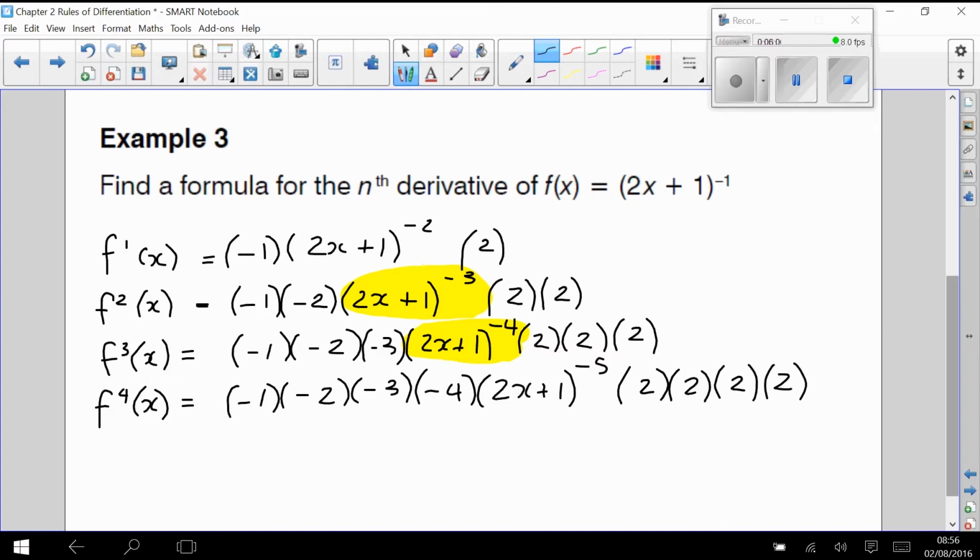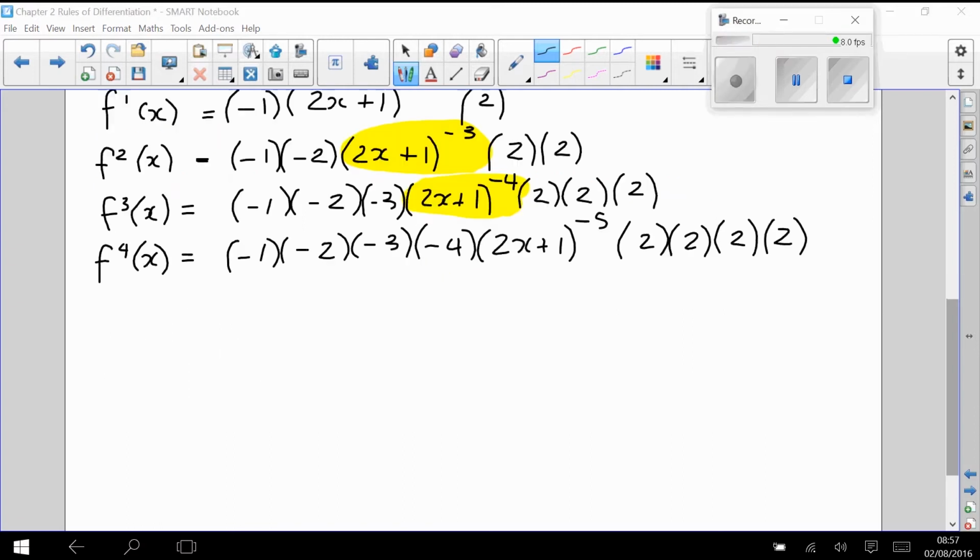I think I'm almost ready now to find my nth derivative. In order to find it, I'm going to see what trend came out. The first thing I notice is that I had 1 minus when I had the first derivative, 2 minuses for the second derivative, 3 minuses for the third derivative, and 4 minuses for the fourth derivative.